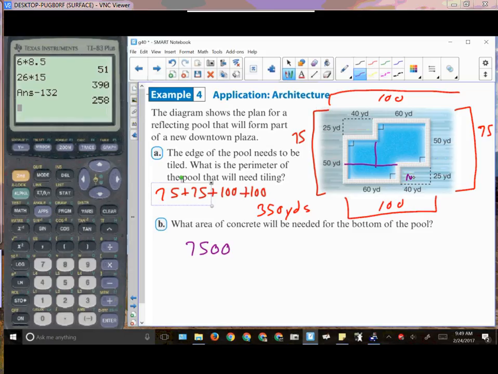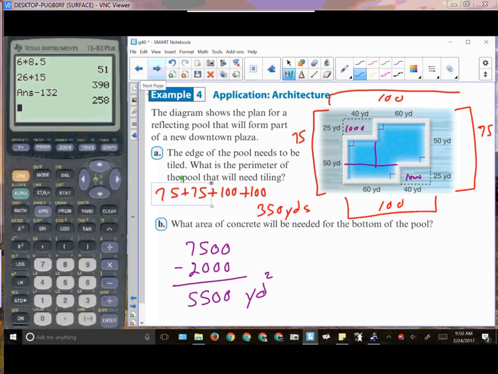So if this is 1,000, would this one up here also be 1,000? So I could subtract off 2,000, correct? So that would be 5,500 yards squared. There you go. But again, draw it out, write it out, see what you come up with.